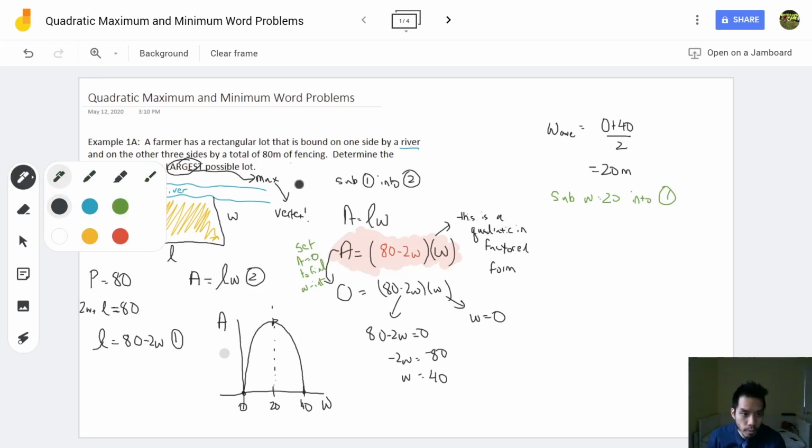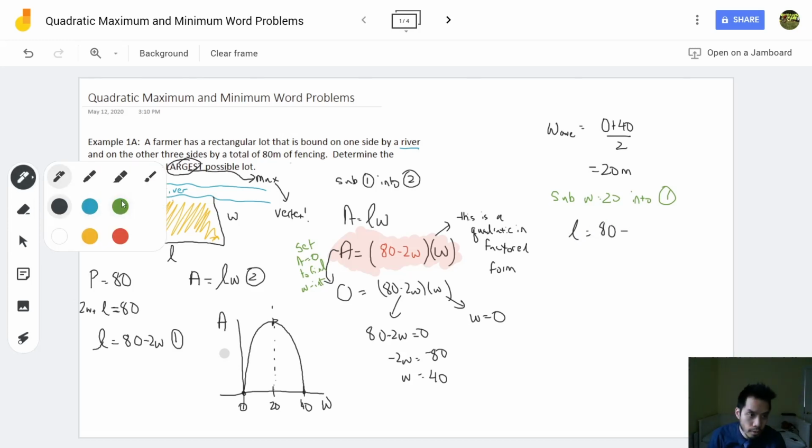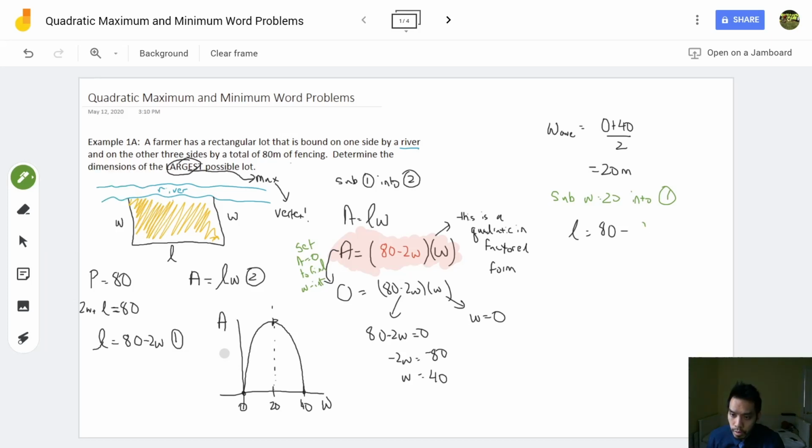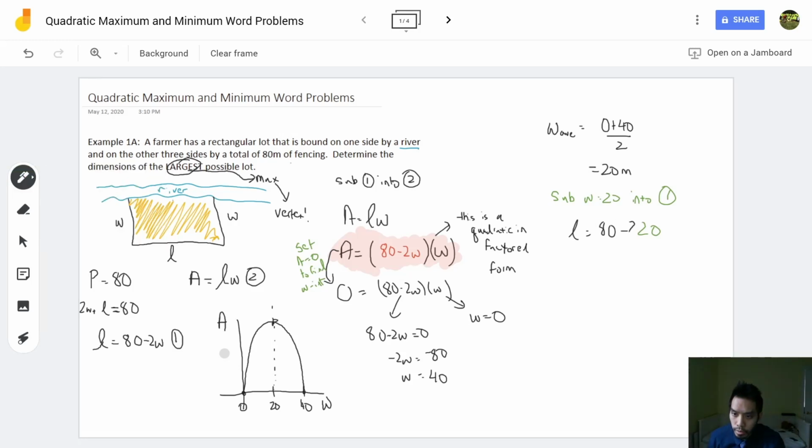So here's equation number 1, which is L equals 80 minus 2 times W. And 80 minus 2 widths is going to be 40 meters in total, which gives us 40 meters of fencing left for the length. And now we can write our therefore statement because we've answered the question.